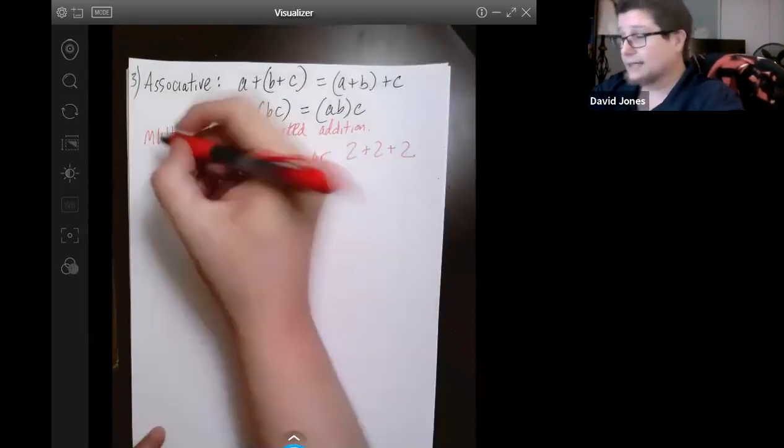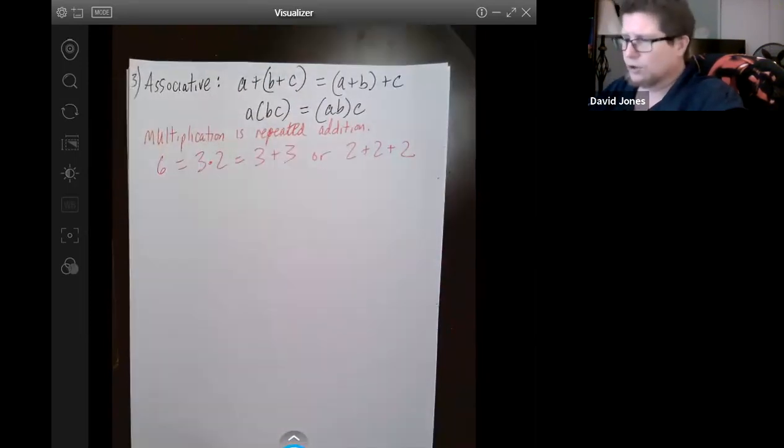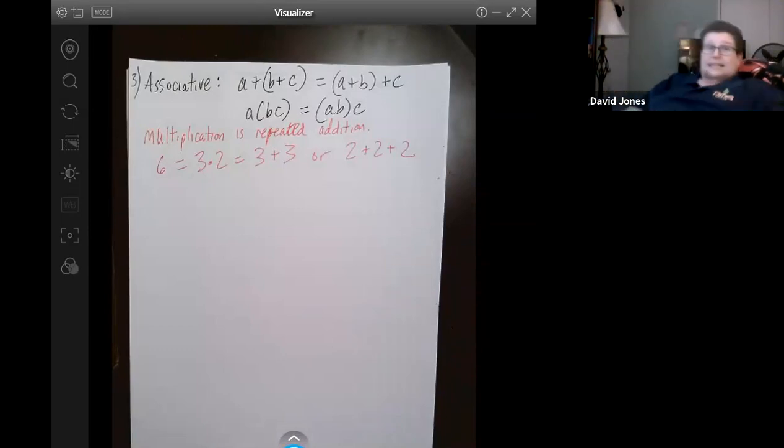Both give you 6. So since it works on addition and multiplication is just repeated addition, then the multiplying works. That's not something you need to know, but it's an interesting fact and helpful.